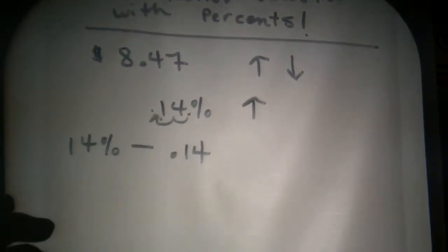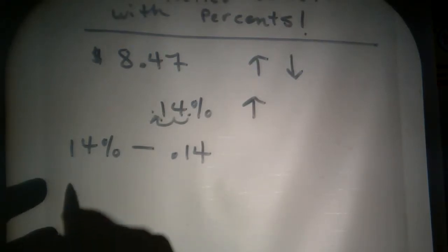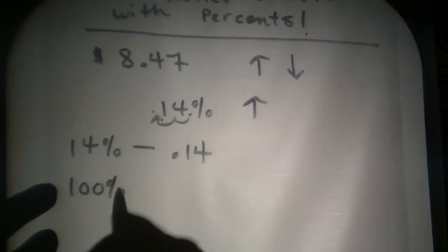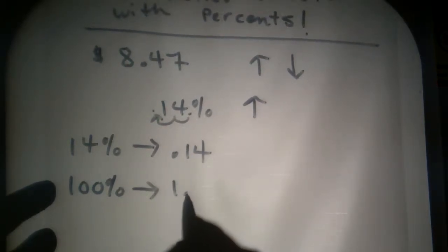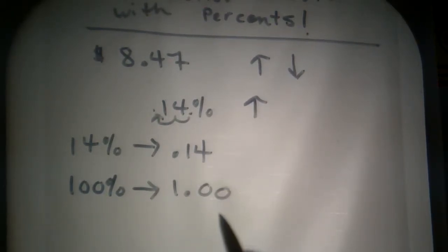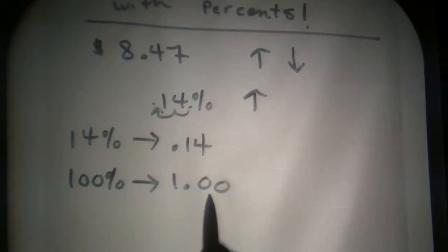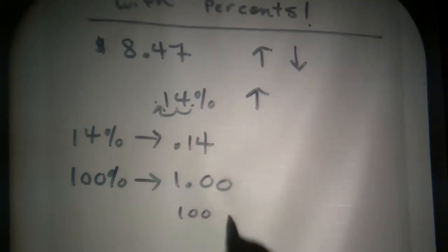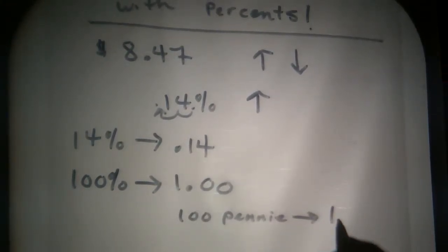We need to remember that this is in relationship to money. So 100%, if you think in terms of money, is 1.00 in decimal. If you think of this as a dollar, there are 100 pennies in $1.